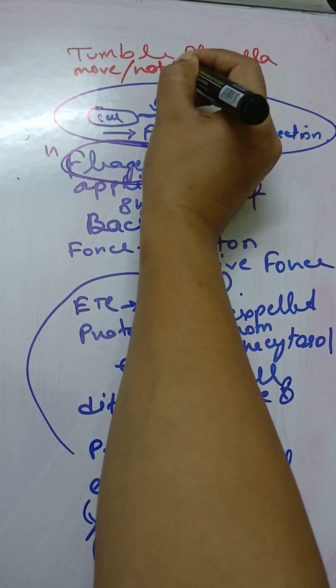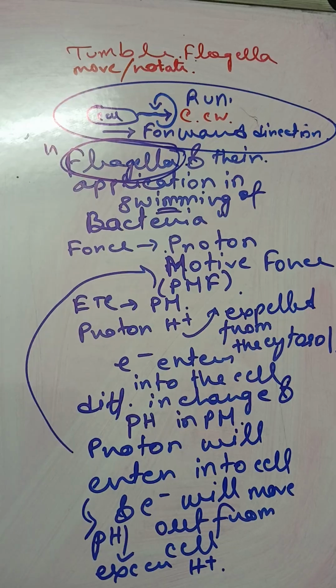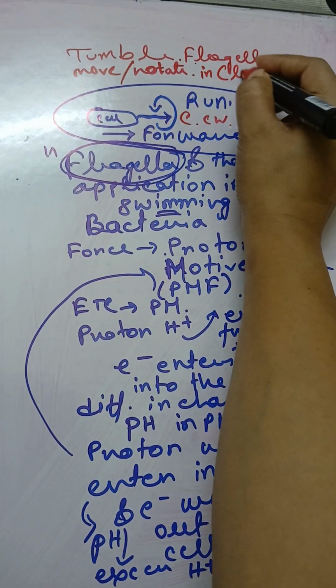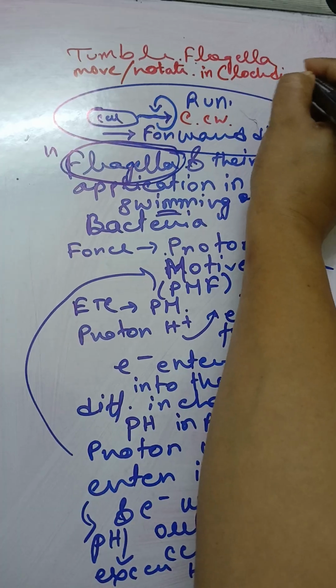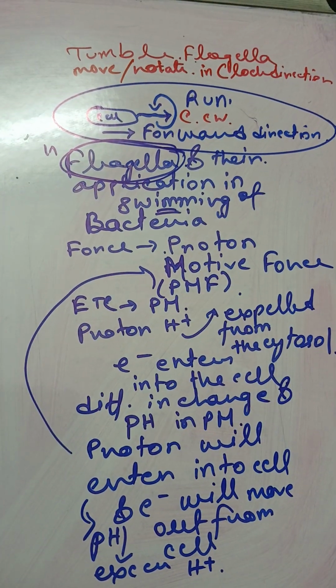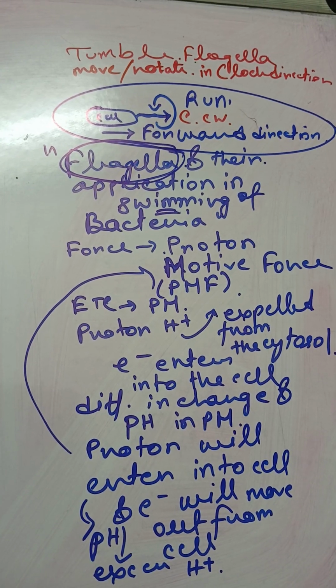It's wise to use the word rotate in case of flagella. Flagella will rotate in the clockwise direction, just the reverse of this simple run or swimming method. They will rotate in a clockwise direction and the cell will move in the anti-clockwise direction.